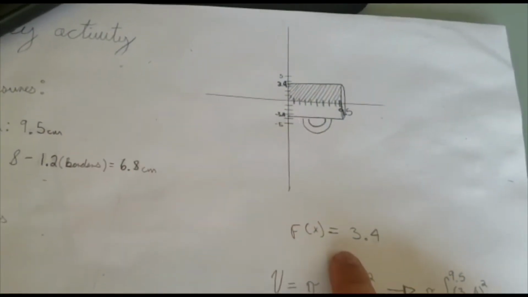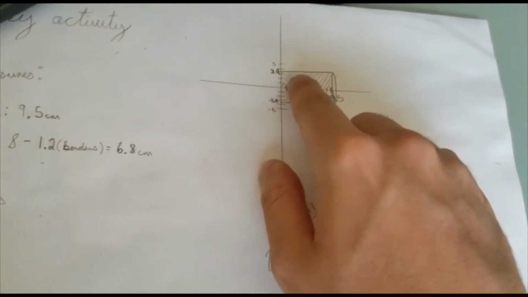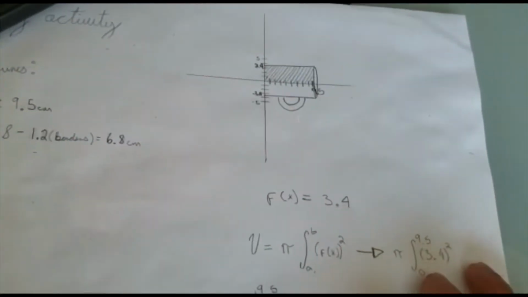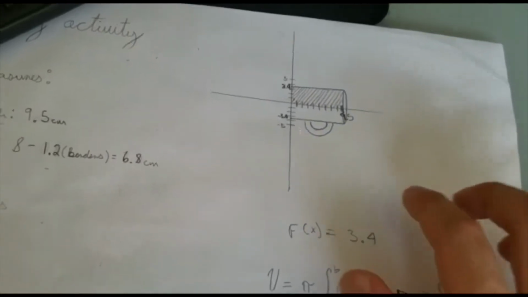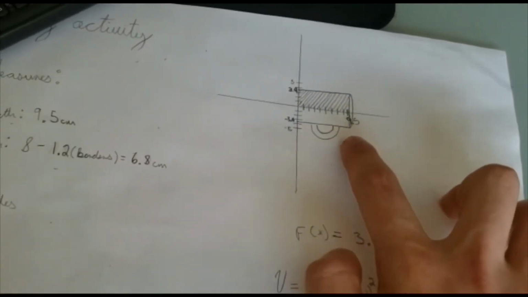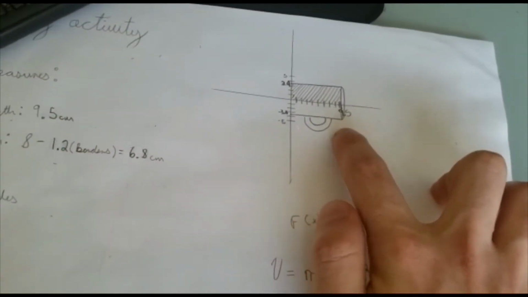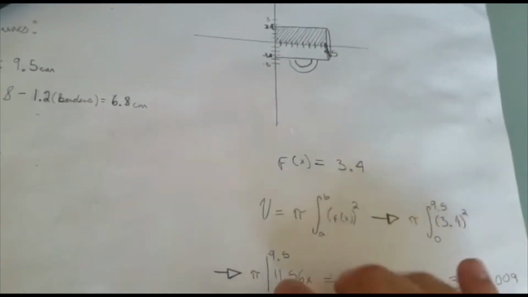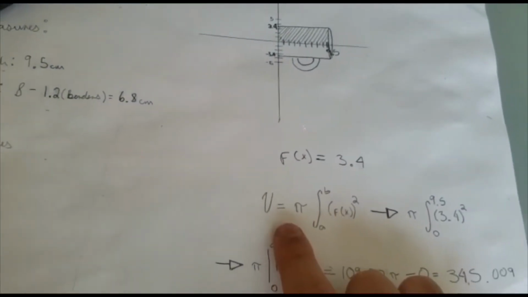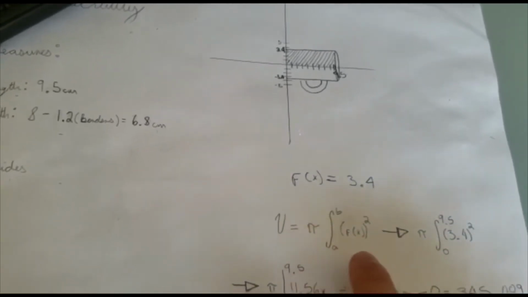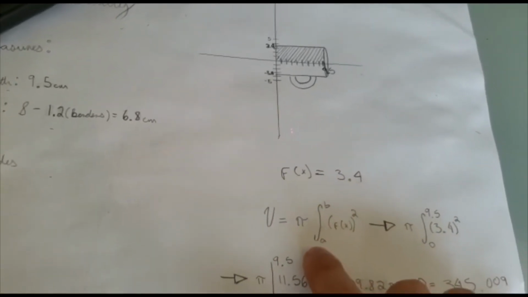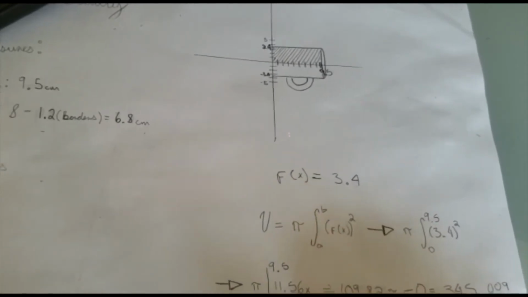Then we have our function, which is 3.4, just a line, and it revolves around the x-axis. And since our length is 9.5, that's our final value. So we have our volume of revolutions formula, which is pi times our equation squared and the integral with the final and initial value.